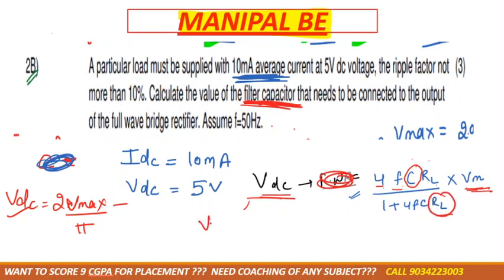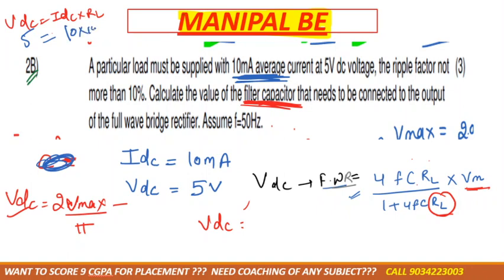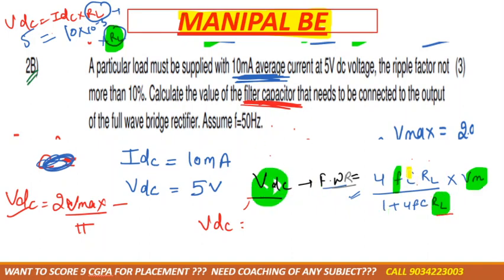RL is the load resistance, so VDC is equal to IDC into RL. VDC is 5, IDC is 10 into 10 raised to power minus 3. From here, can we get the value for RL? Yes or no? We can substitute RL. We know VM, we know frequency, we know VDC. Only the remaining term is the capacitor. That's what they are asking, to calculate the capacitor.